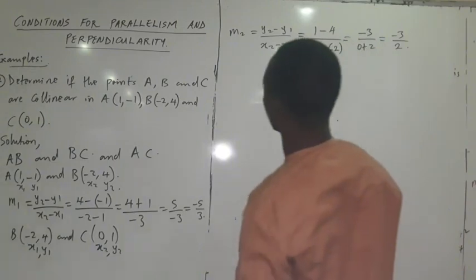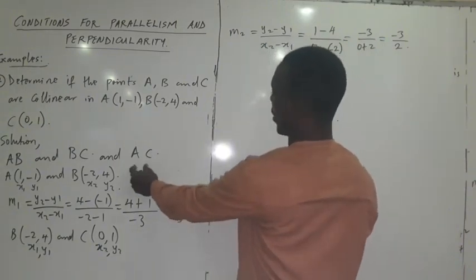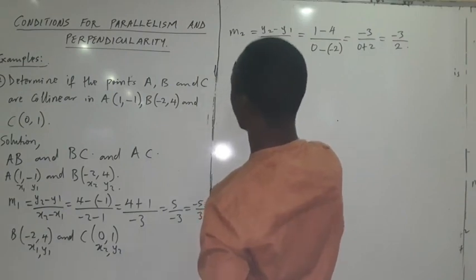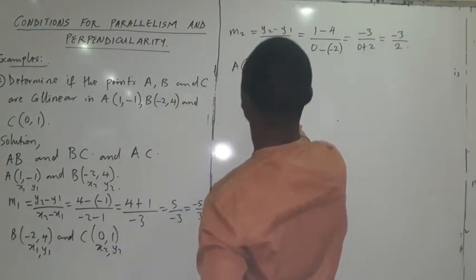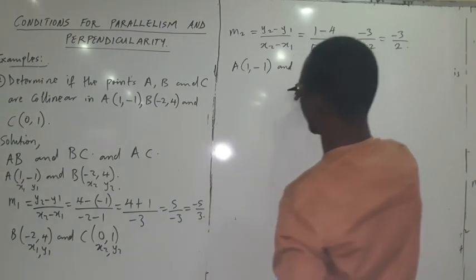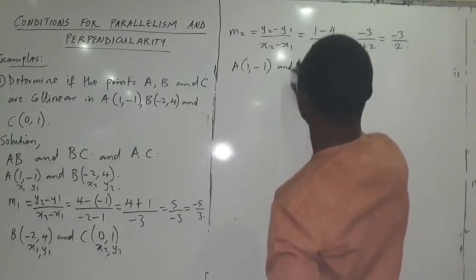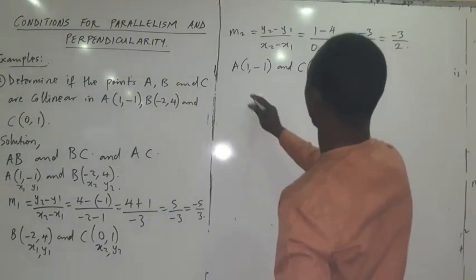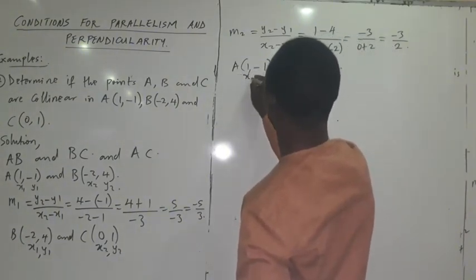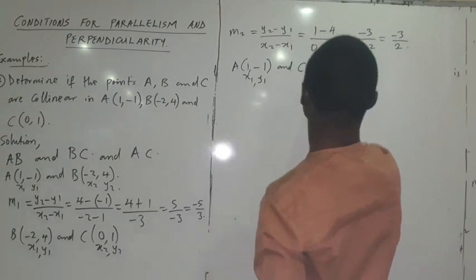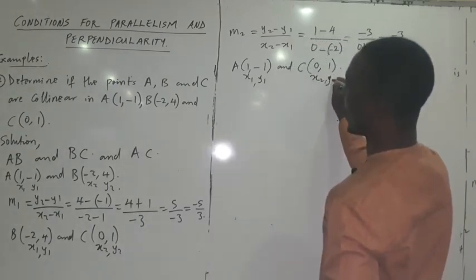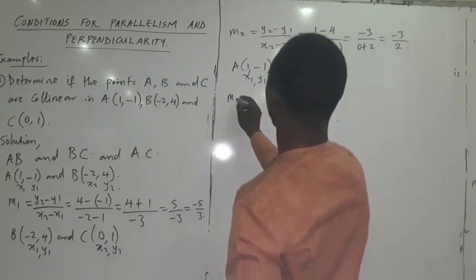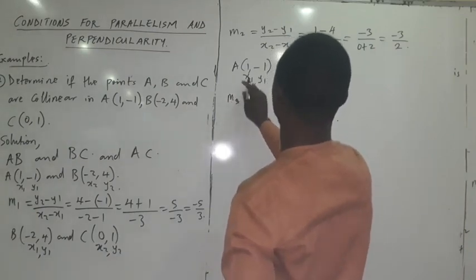So we can test for the third line, which is AC. A is of coordinate 1, comma minus 1 and C is of coordinate 0, comma 1. Then we have x1, y1, x2, y2. So m3 is the gradient of AC.